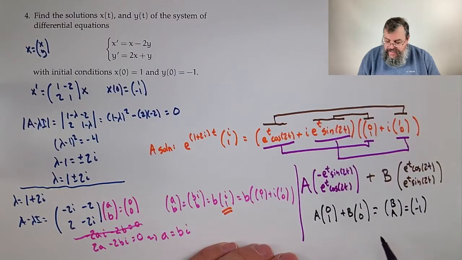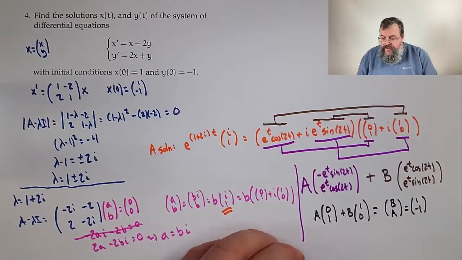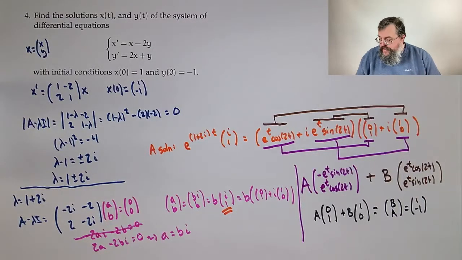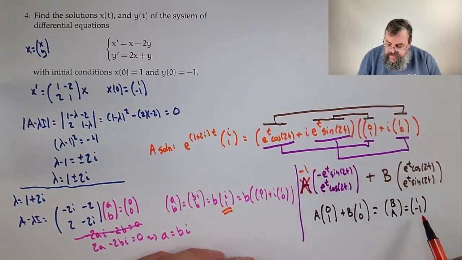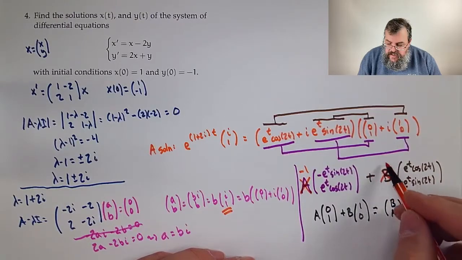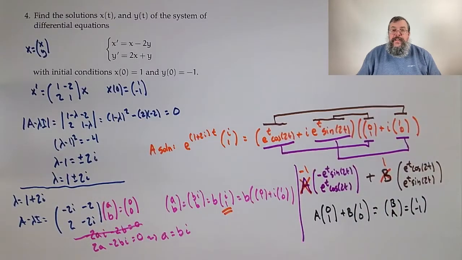So aha, lo and behold, we know what a and b are. We see that a is really minus 1 and b is really plus 1.